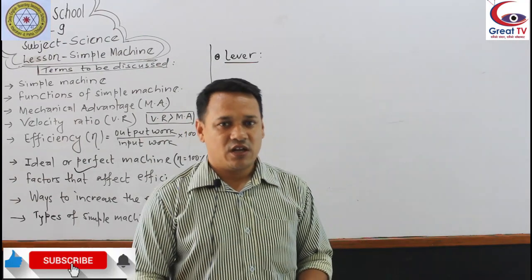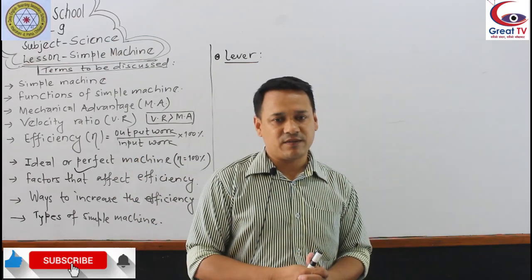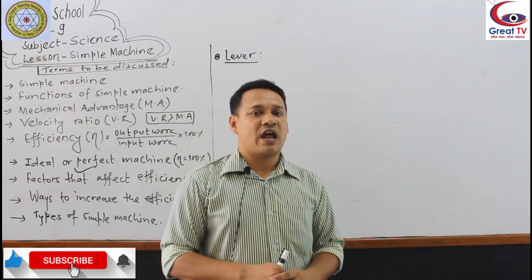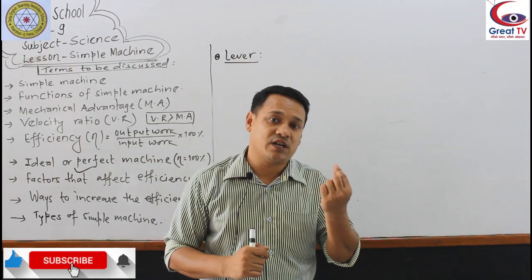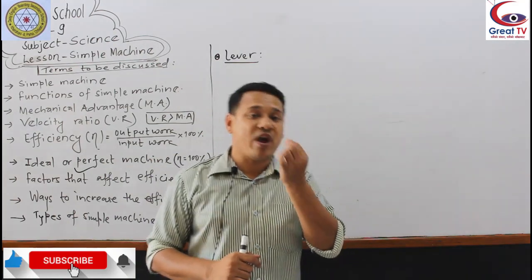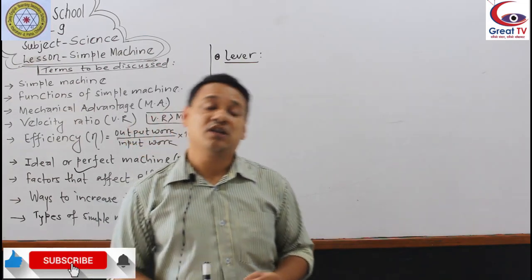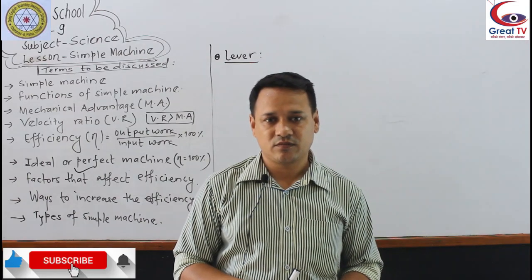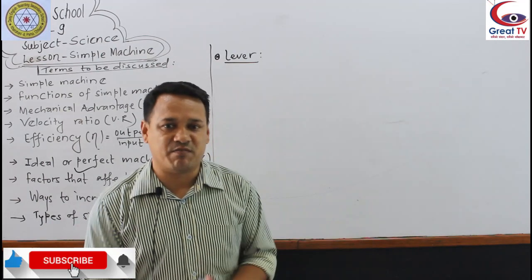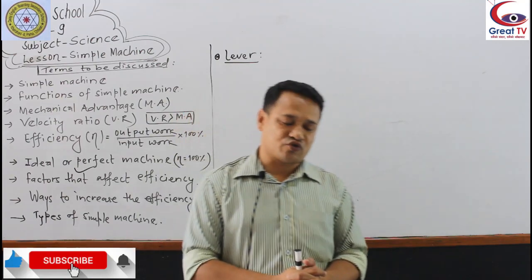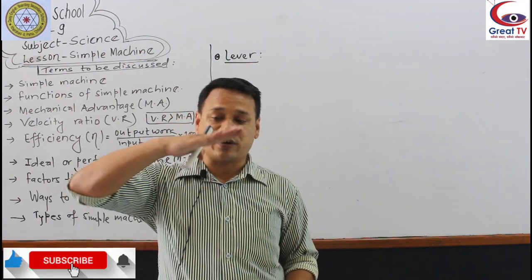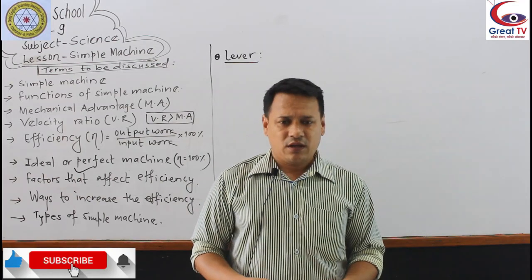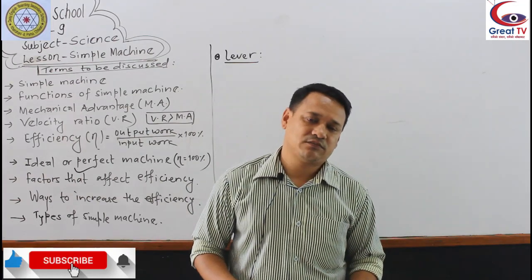Definition of lever: a lever is a long rigid bar that may be straight or bent and capable of rotating about a fixed point. This point is called the fulcrum, or pivot, or supporting point. So any long rigid bar you can use as a lever.